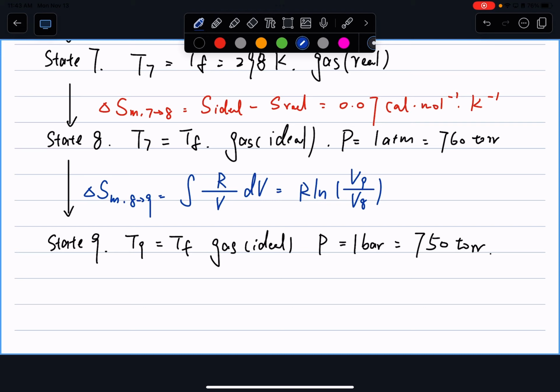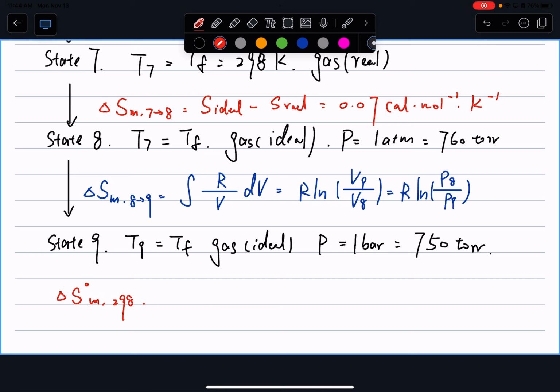So what do we have here? You can plug in the numbers and evaluate that calculation. So the final result is to add everything up. So you have an expression of every step along the way, and the final result of this question is delta SM of 298.